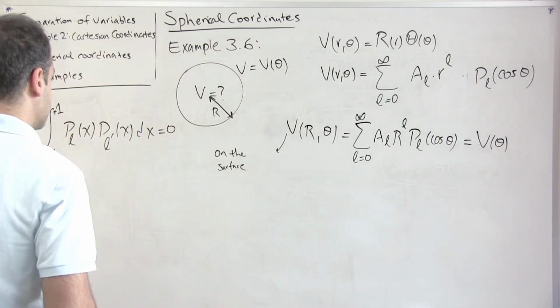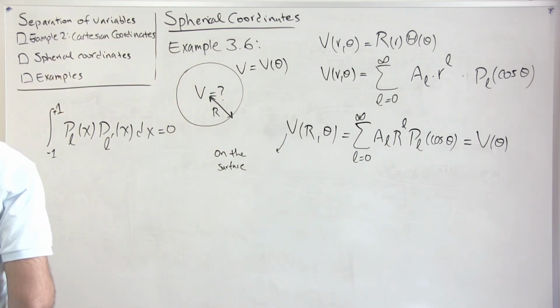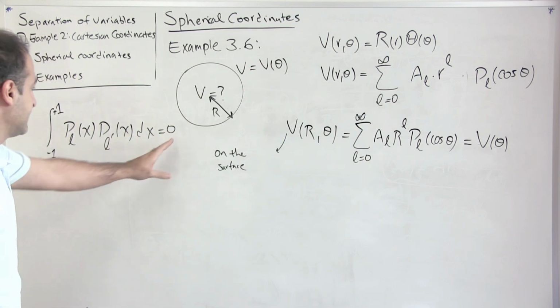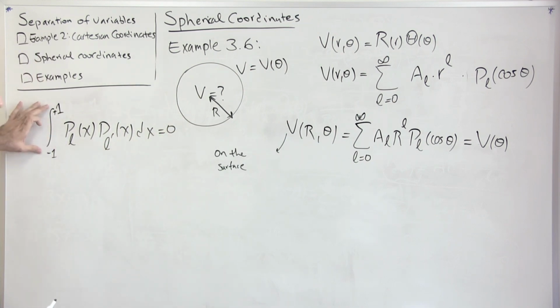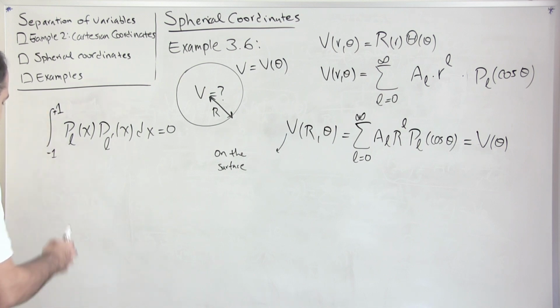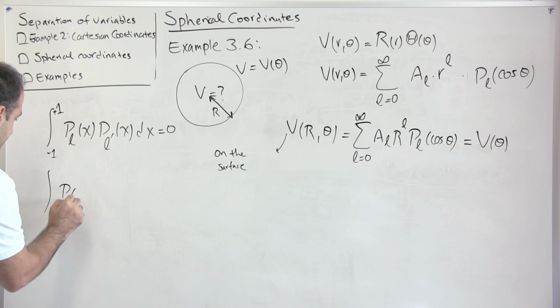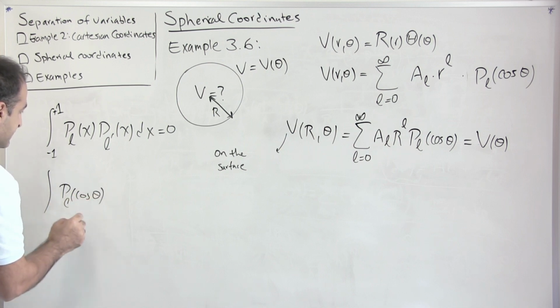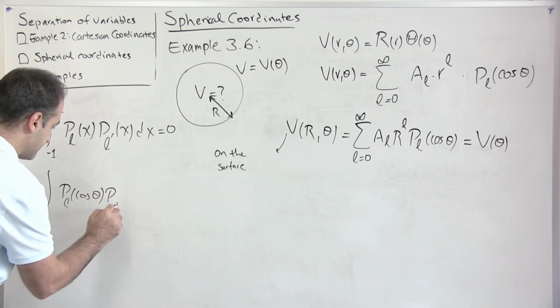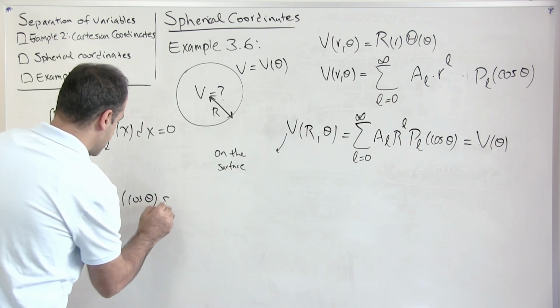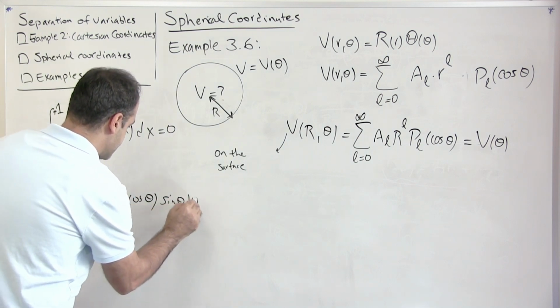Okay, sorry guys. So this becomes the integral of PL times PL prime dx is 0 if we integrate it from -1 to 1, and that means if we use PL of cosine theta times PL prime of cosine theta sine theta d theta.